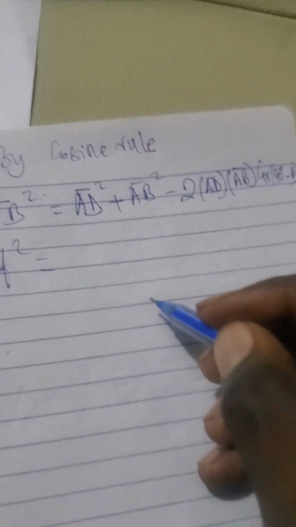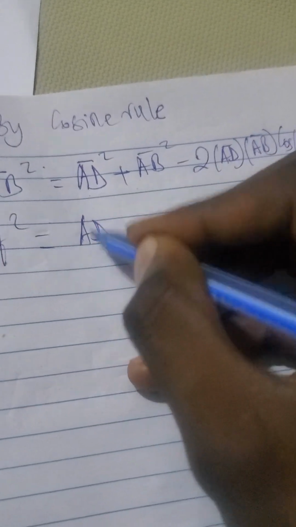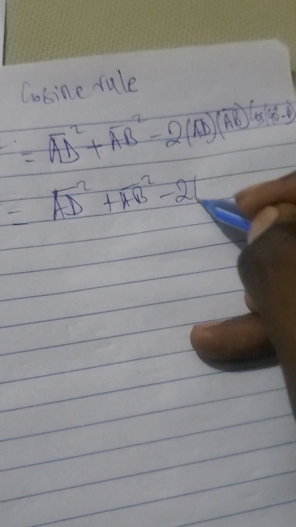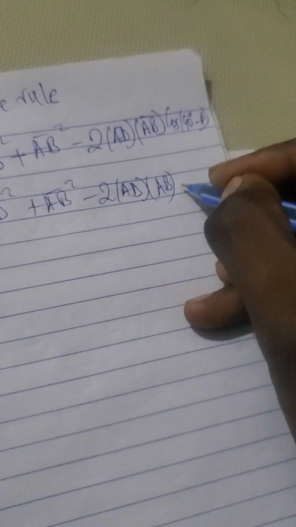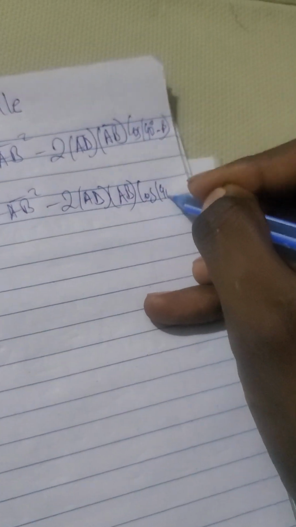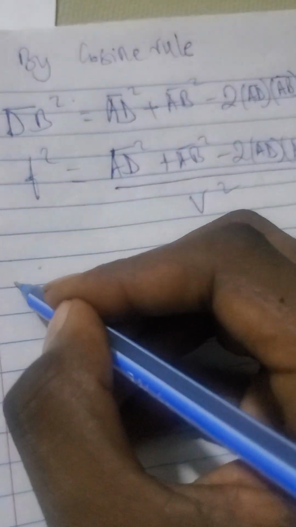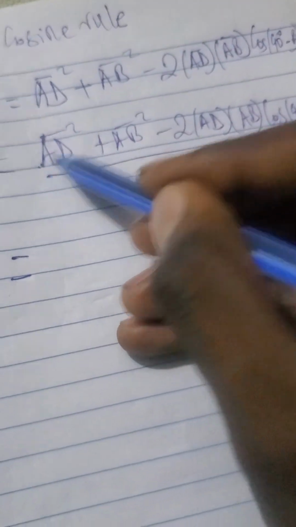The right side is also divided by the velocity squared, symbolized as v squared, so AD squared plus AB squared minus 2 AD times AB times the cosine of 90 degrees minus beta, divided by velocity squared. Therefore T squared will be equal to, what is the value of AD or AB?